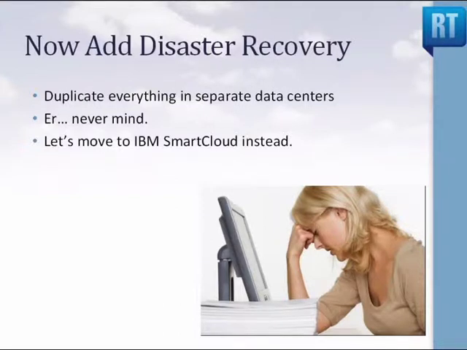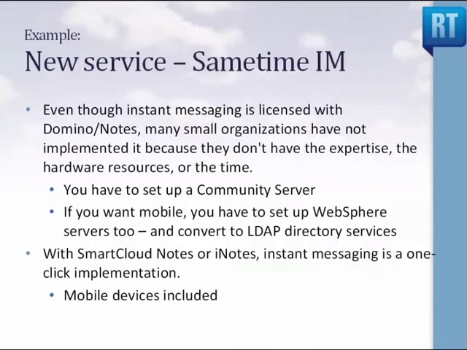Maybe we should take a look at IBM SmartCloud instead, because guess what? IBM has all of that infrastructure in place, and all you have to do is subscribe, and you now have it all set up and maintained for you by IBM.